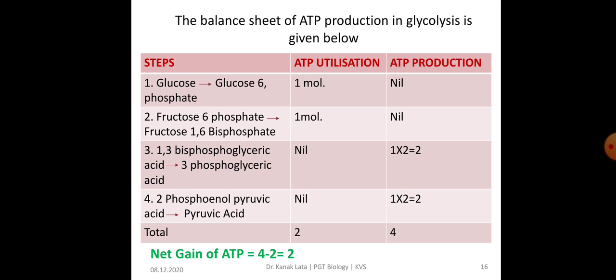Again, during the conversion of 1,3-bisphosphoglyceric acid to 3-phosphoglyceric acid, ATP utilization is nil, but ATP production is 2 molecules. Again, during the conversion of phosphoenol pyruvic acid into pyruvic acid or pyruvate, there is no ATP utilization, but there is net production of 2 ATP. So, the total ATP utilization is 2 and total ATP production is 4. So, there is a net gain of ATP, that is 4 minus 2, equal to 2.